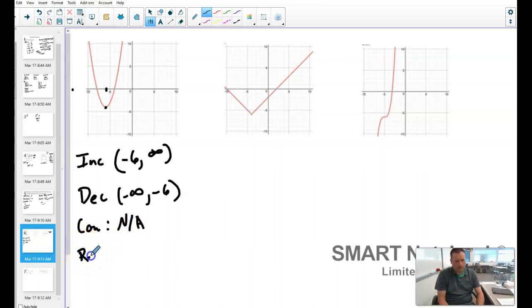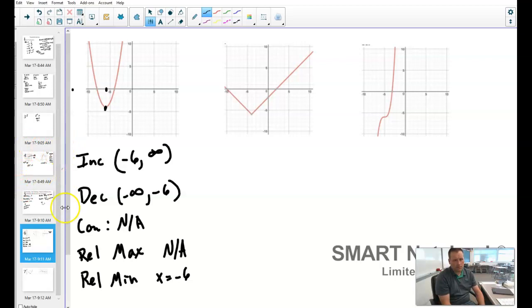If I look at relative maximums, I have no relative maximum because it never changes from increasing to decreasing. So this would be not applicable as well, but there is a relative minimum. My relative min is when it changes from decreasing to increasing, and that's going to be this spot right here at x equals -6.